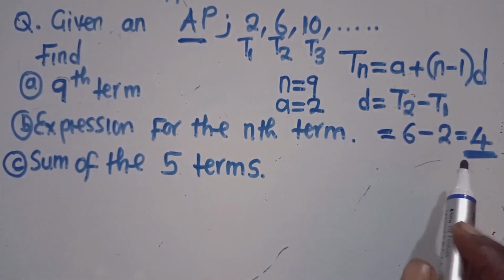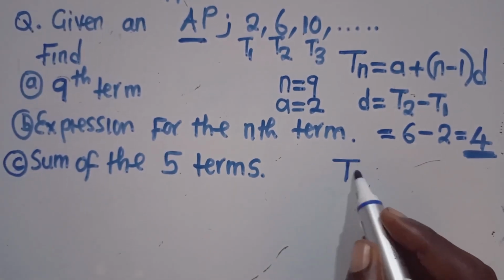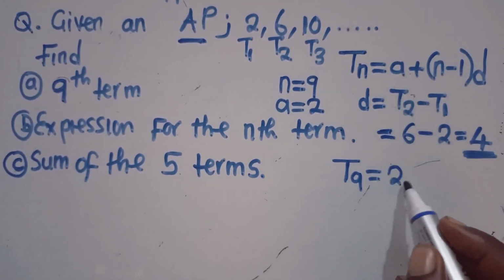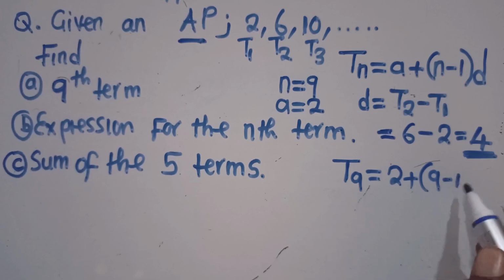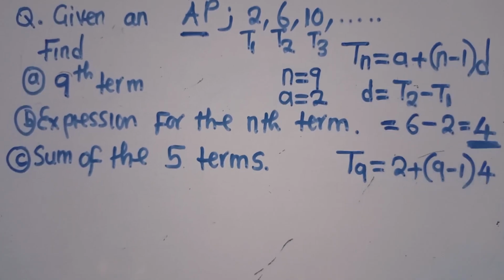After you do this, then you are supposed to say now, n is 9, which is equal to A. What is your first term? Is 2 plus (n is 9 minus 1) cross d is 4. You are just substituting.